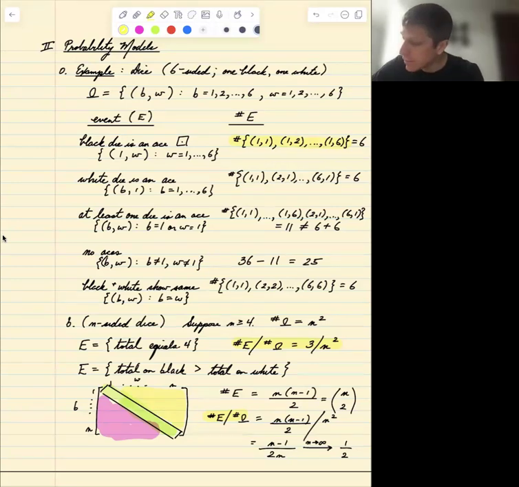That element, right here, is in the set E. It's in the event, and so we can say the event occurred, which means the black die was an ace. If the outcome is, let's say, 3,2, so the black was 3 and the white was 2, that is not in E, and so we say that E did not occur.